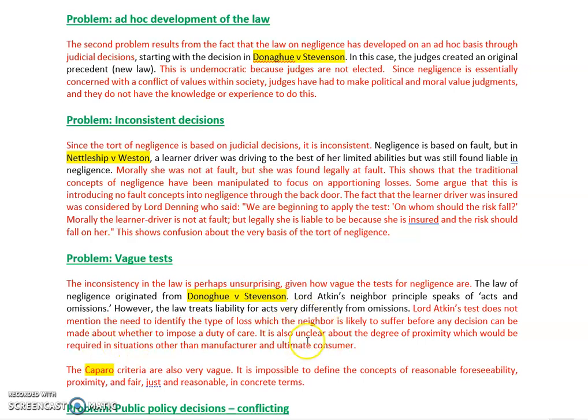It's also unclear about the degree of proximity which will be required in situations other than the manufacturer and the ultimate consumer of their products. We could also talk about the vagueness of the Caparo criteria, and it's impossible to define the concepts of reasonable foreseeability, proximity, fair, just and reasonable in concrete terms.